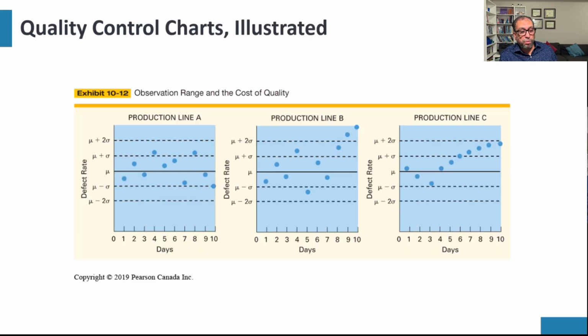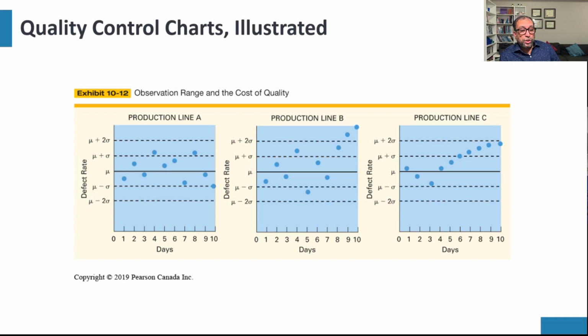So here is an example, where we are finding out the defect rates. This mean line is our average line. We see that there are certain observations within one standard deviation, and there are certain observations outside of one standard deviation.